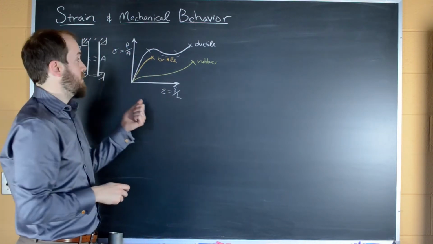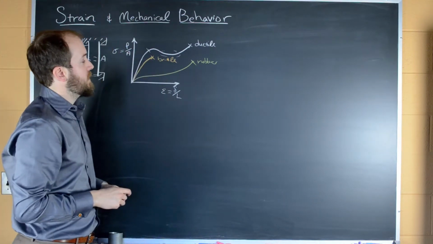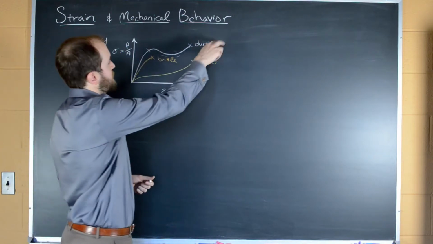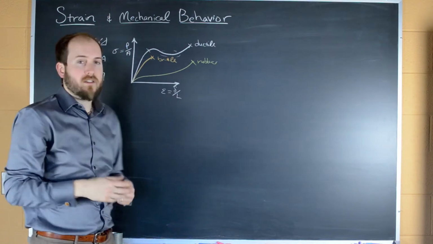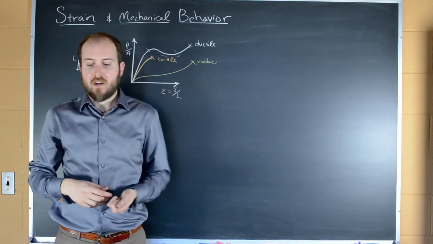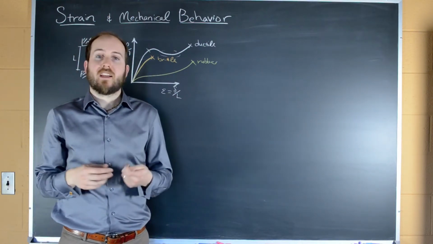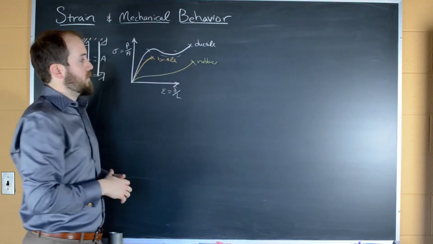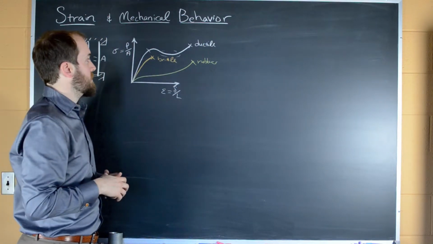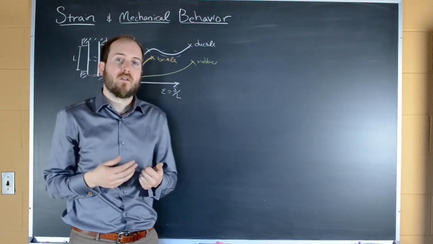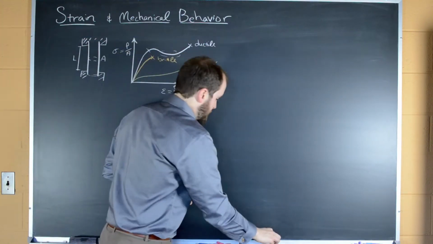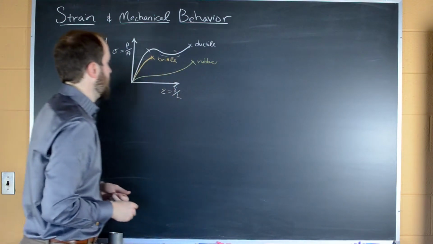So this is fairly complex. We have different types of behaviors for different materials: thermoplastics, mild steel, brittle materials such as this chalk, other ceramics, gray cast iron, and then the behavior of rubbery materials. For this course, what we're really going to focus on is a very, very small region of this stress-strain diagram.